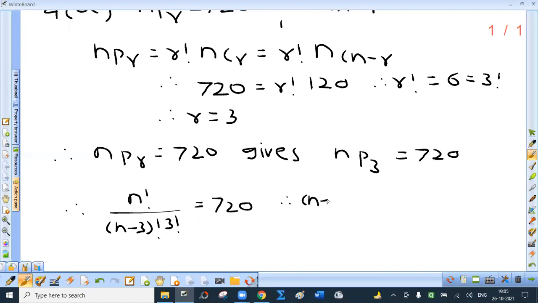Now factorial of greater is factorial of smaller, go on adding 1 unless you get greater.